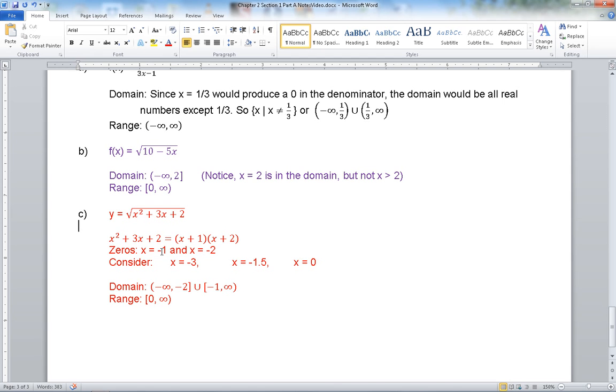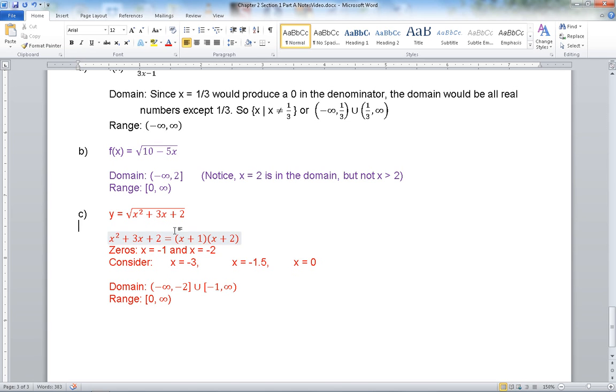Now at negative 1, this first term is 0. Negative 1 plus 1 is 0. The other term is non-zero, but 0 times a number is 0. So again, you have 0. Then any number bigger than negative 1, let's make it easy on ourselves, take x equal to 0. 0 plus 1 times 0 plus 2, 1 times 2 is 2.